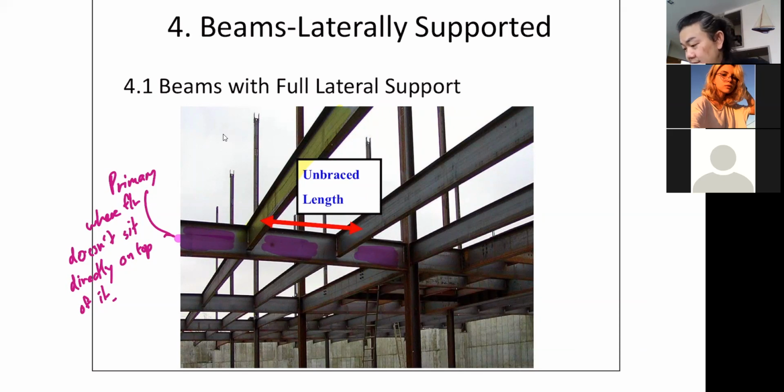That means the distance between the secondary beams becomes the unbraced length of your primary beam, because the secondary beam in turn will be the one that helps prevent this primary beam from moving. So that becomes the unbraced length.